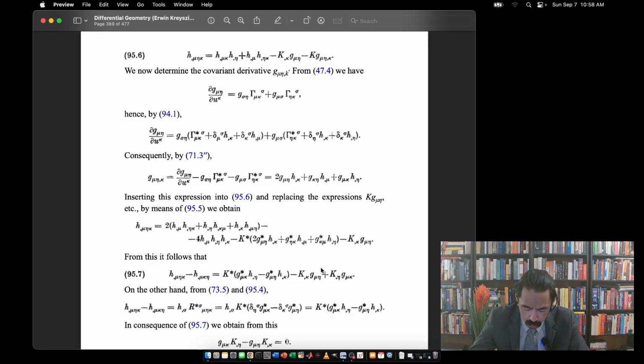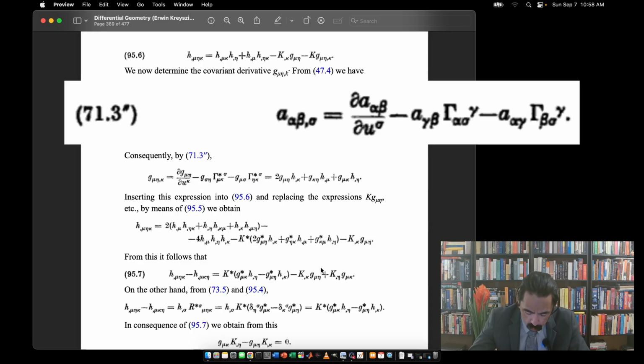Hence, by expression 71.3 double prime, which is from section 71 on absolute differentiation of tensors of arbitrary order, we have a_{αβ,σ} = ∂a_{αβ}/∂u^σ − a_{γβ}Γ^γ_{ασ} − a_{αγ}Γ^γ_{βσ}.